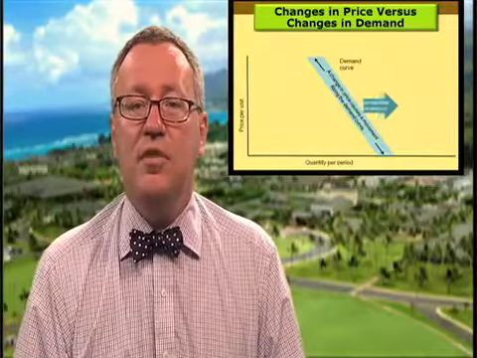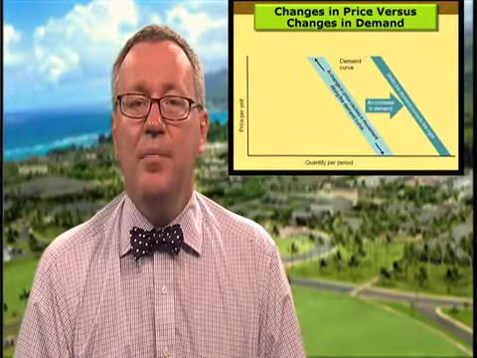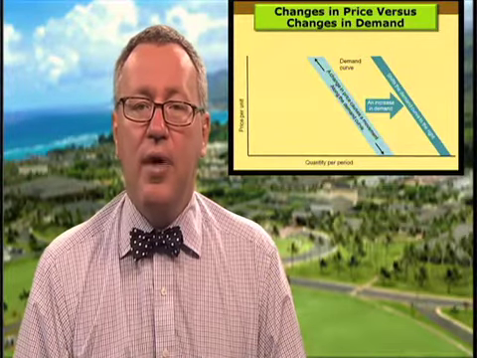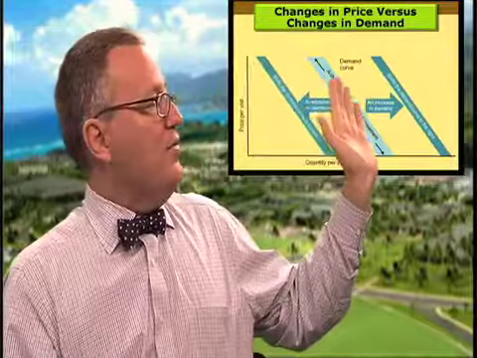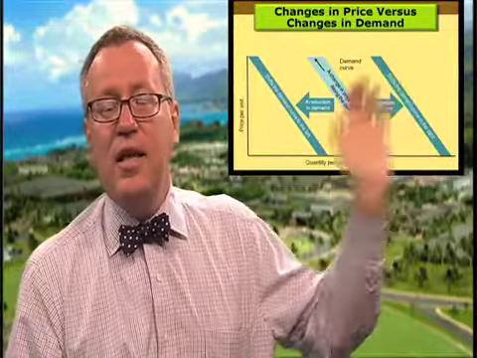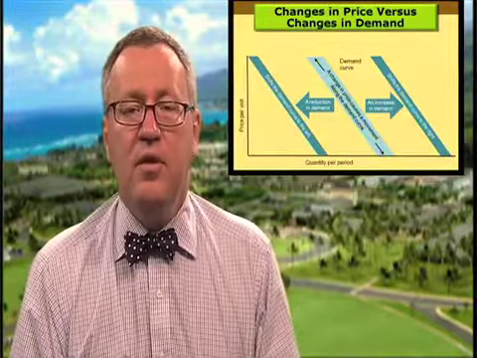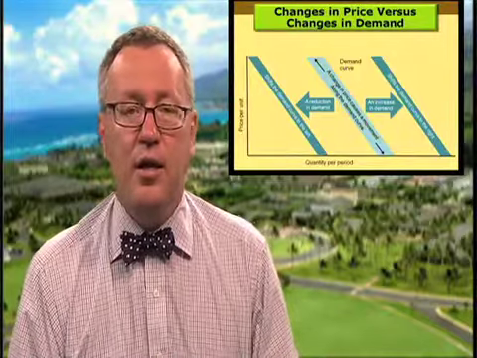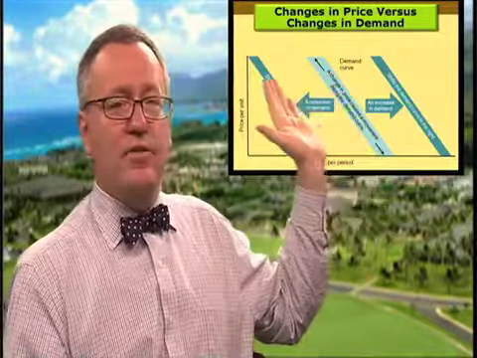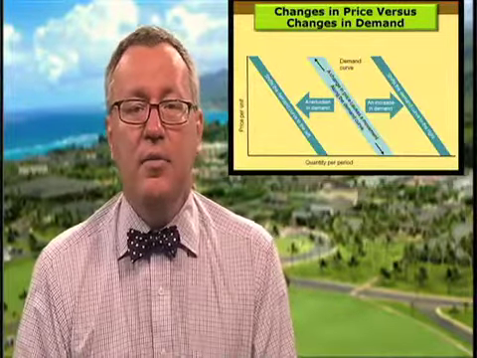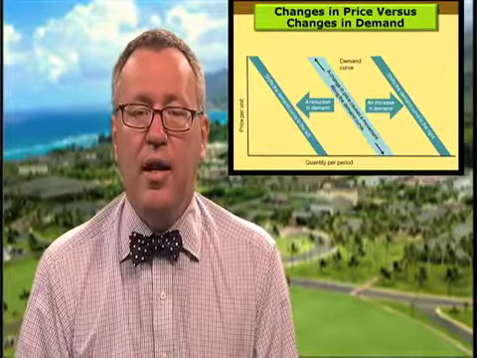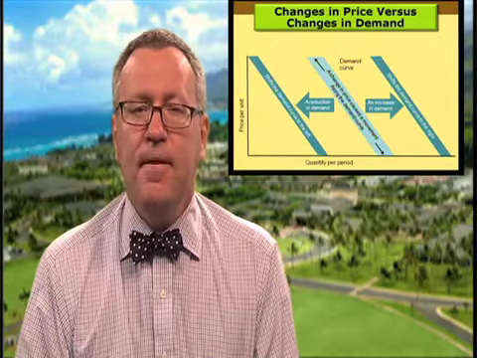Anytime I change the price of anything else, I'm going to shift it, either to the right or to the left. If I shift to the right, that should indicate an expansion of the market for the product. If I shift to the left, that's going to indicate a contraction or a shrinking of the market for the product. Okay? This is very important.